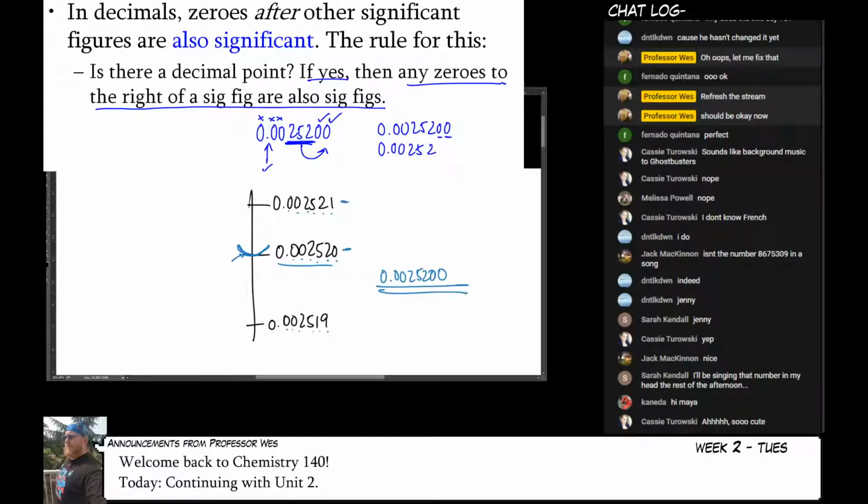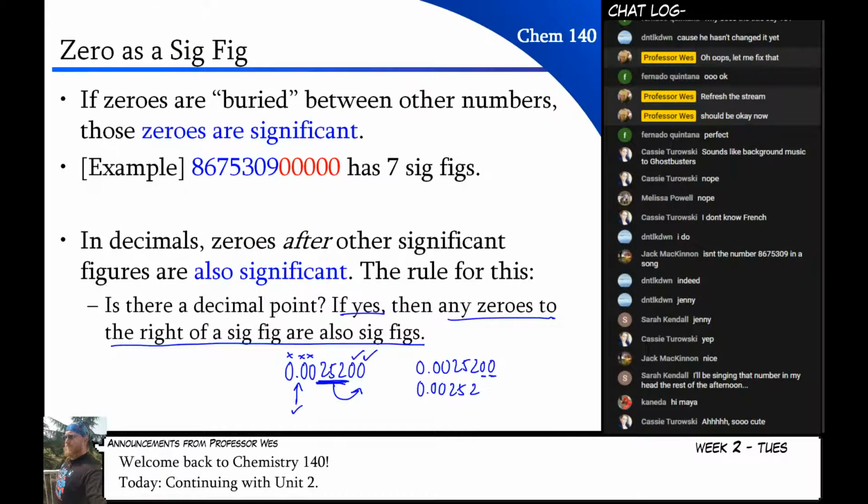I'll write 0.2, and that's not okay in science. So we're going to concern ourselves with how these zeros are written. Be very careful and make sure you are minding these rules. Look to see what zeros are placeholders, and look to see what zeros are written because they are necessary in a decimal. Okay?